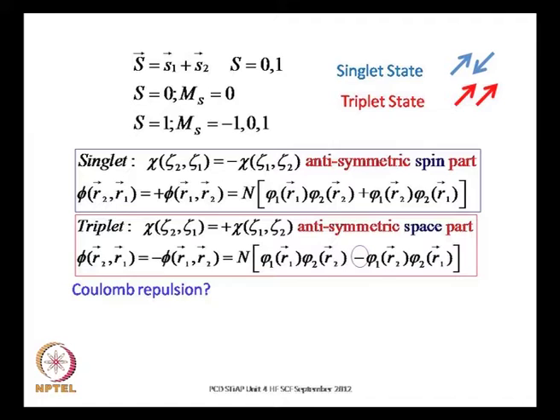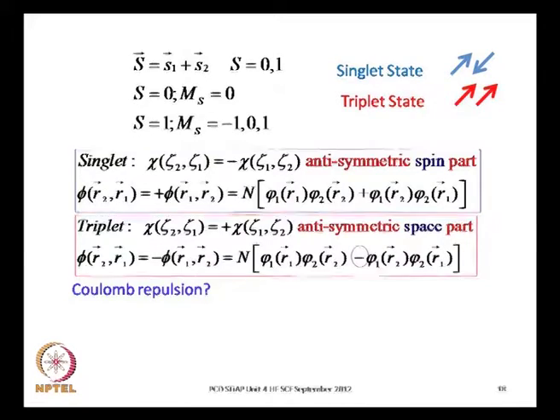Phi 1 R1, Phi 2 R2 minus Phi 1 R2, Phi 2 R1, that would go to 0, right. As R2 goes to R1, the space part would vanish, and for the triplet state to exist, R2 would not be too close to R1.